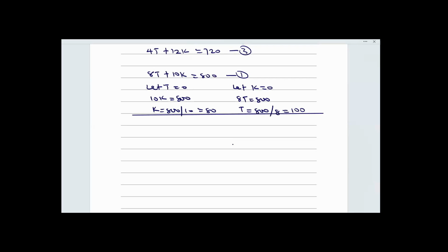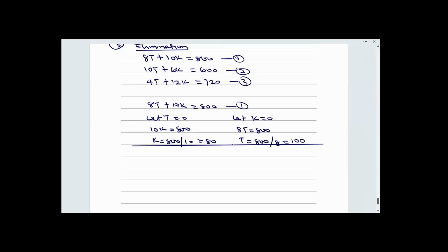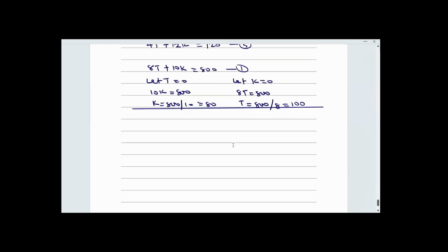I will then pick equation 2. Equation 2 is 10T plus 6K equal to 600. Let T equal to 0, then 6K will be equal to 600.